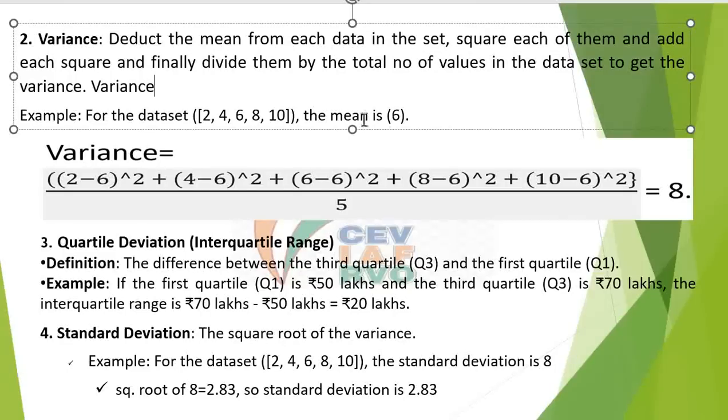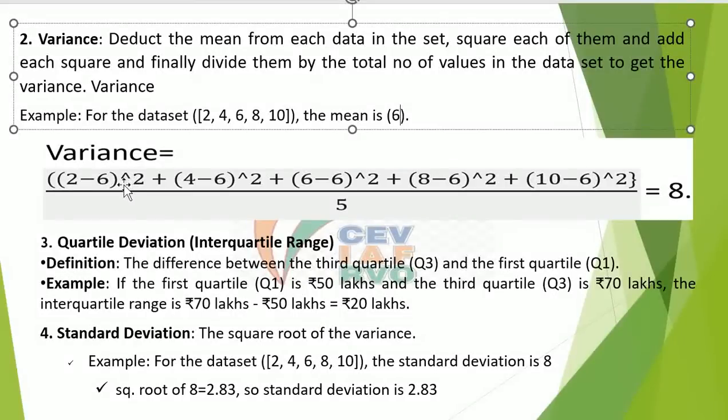Here, let us suppose we have a data set 2, 4, 6, 8 and 10. What is the mean of this data set? We have already calculated 6. Then you have to subtract this 6 from each data value. Means 2 minus 6, 4 minus 6, 6 minus 6, 8 minus 6, 10 minus 6.